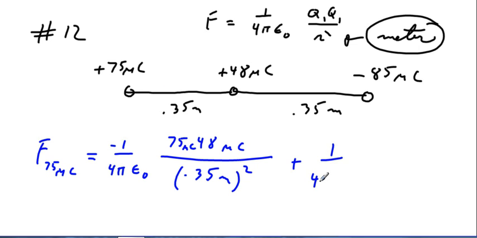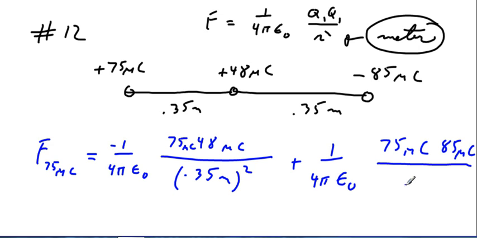1 over 4 pi epsilon naught, 75 microcoulombs, 85 microcoulombs, divided by 0.7 meters squared.